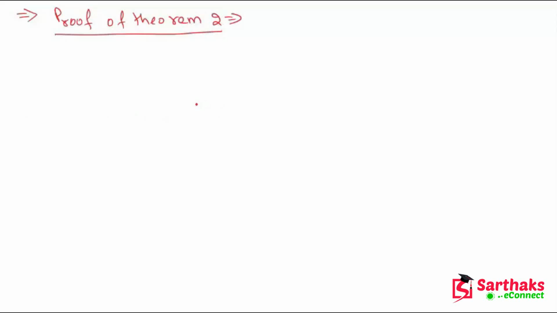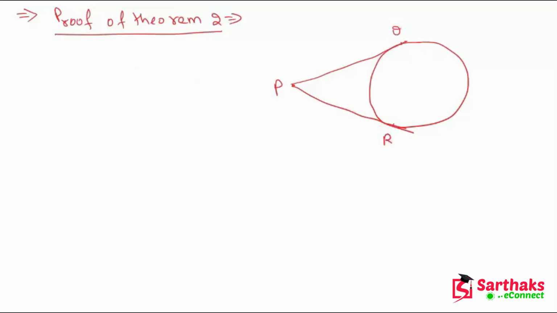Now we have a circle like this and we have two tangents, tangent 1 and tangent 2. This is the point P, this point is Q and this point is R. We have to prove PQ is equal to PR.